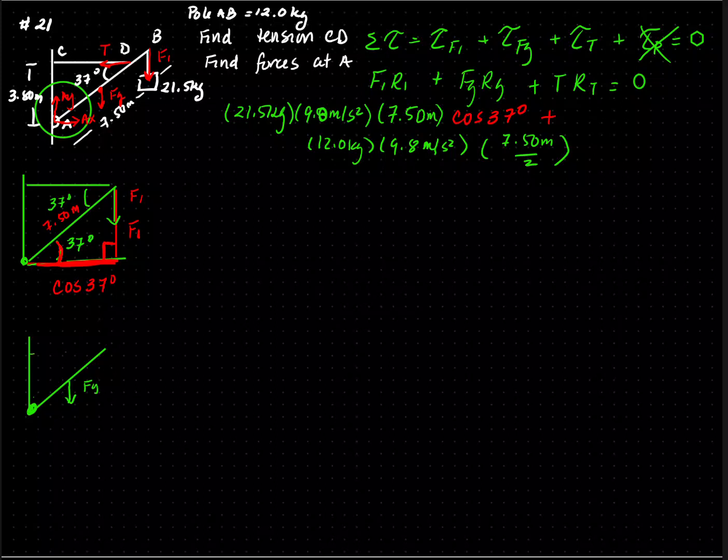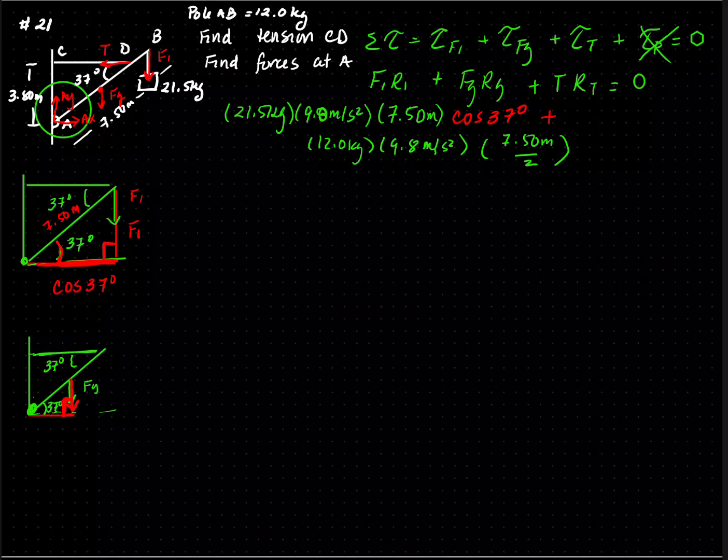We know that my cord here, CD, makes a 37 degrees angle, so therefore if I draw a line parallel to that line, this angle is also 37 degrees. Since it's perpendicular to the earth, we're going to just take that vector and bring it straight down. If we bring it straight down, it makes a right angle. Since it makes a right angle, we're going to resolve the lever arm.